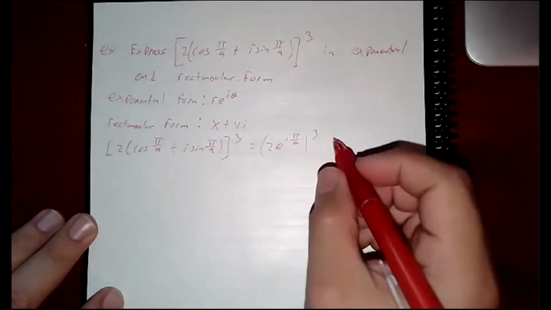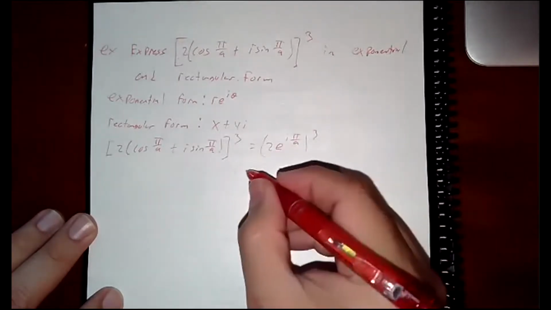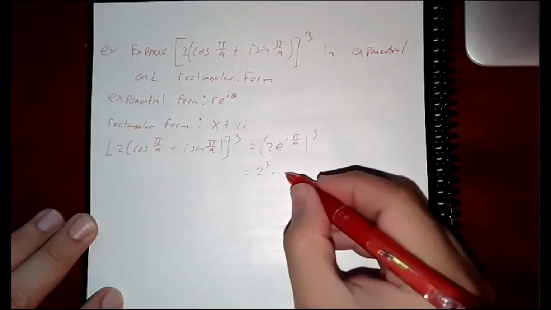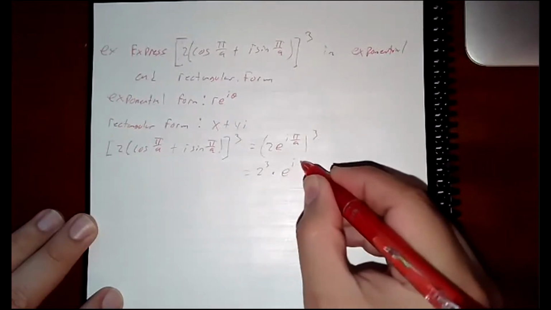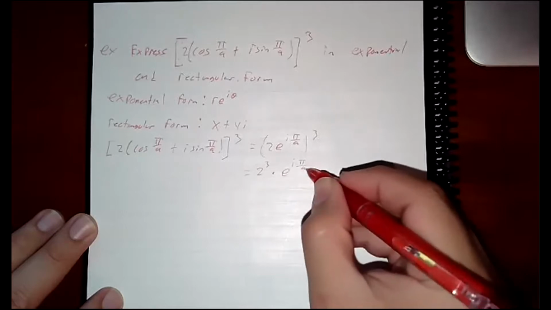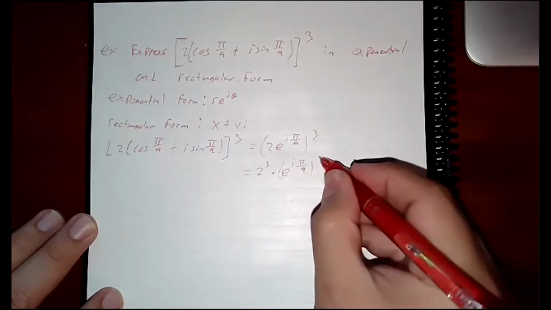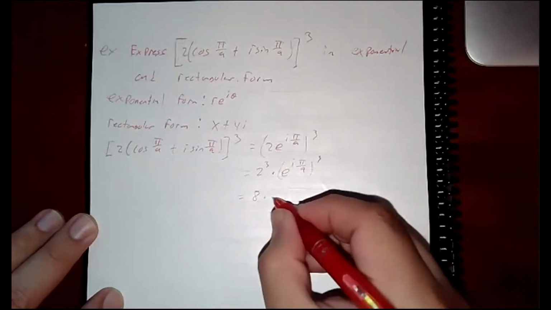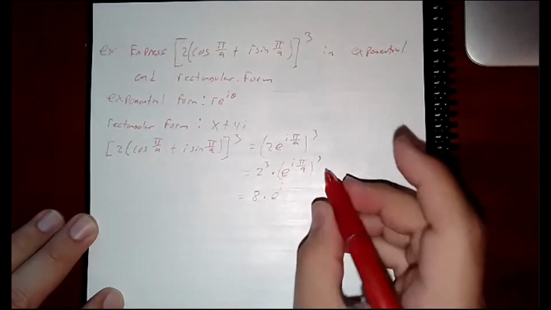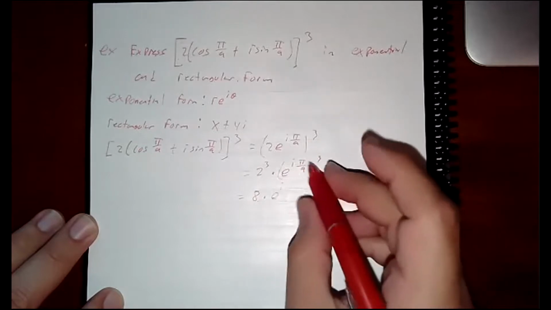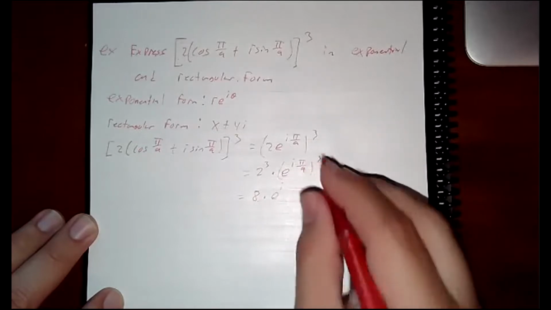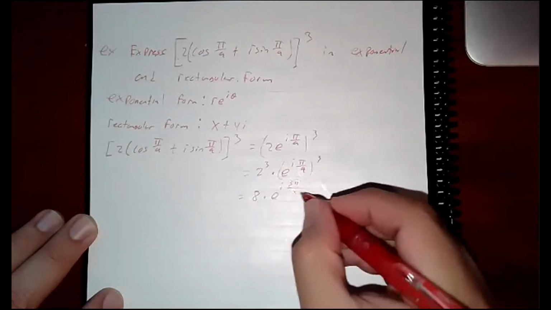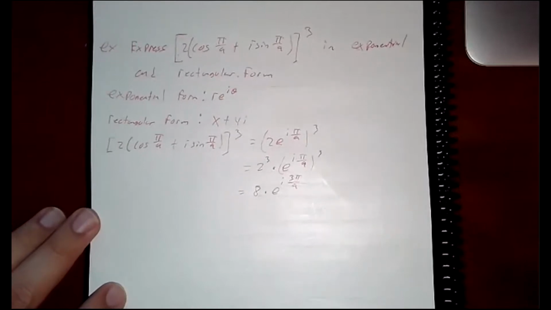So then rules of exponents say that this is just 2 cubed times e to the i pi ninths cubed, which would be 8 times e to the i, and you're going to multiply this guy here. So 3 times pi ninths would be 3 pi ninths. Okay.